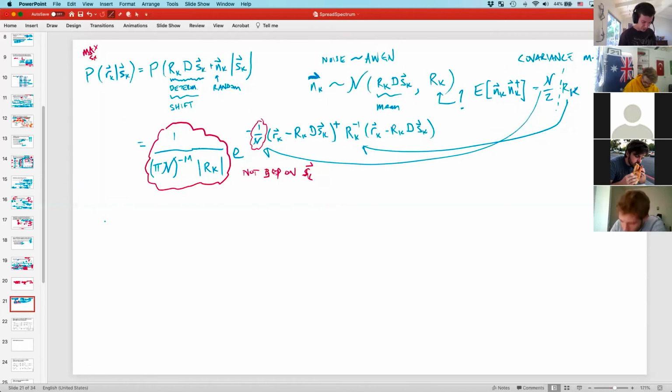Okay, so again, in my notation, our best guess for the symbol vector is going to be now the arg min over possible s_k's. This changed from a max to a min because of this negative sign, of r_k minus the matrix R times D times s, conjugate transpose, times R_k inverse times that same vector.